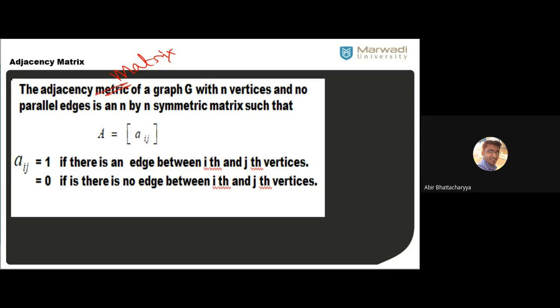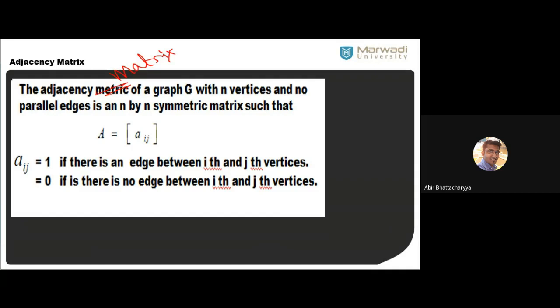If there is an edge between these two, I will put 1 in place of that element. If there is no direct connection, then this is 0.